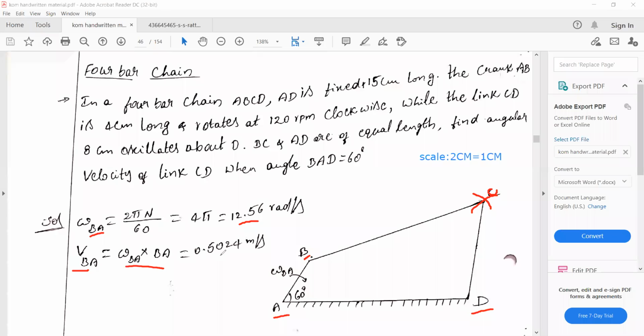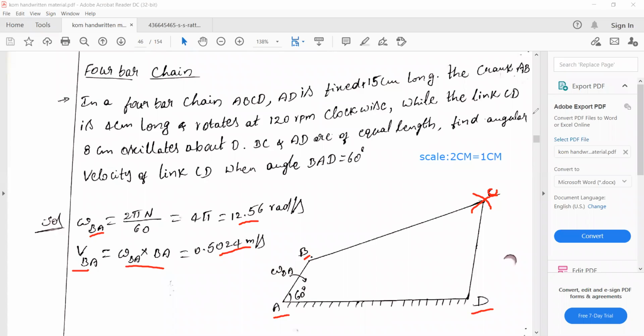So the velocity of the crank is 0.5024 meter per second.